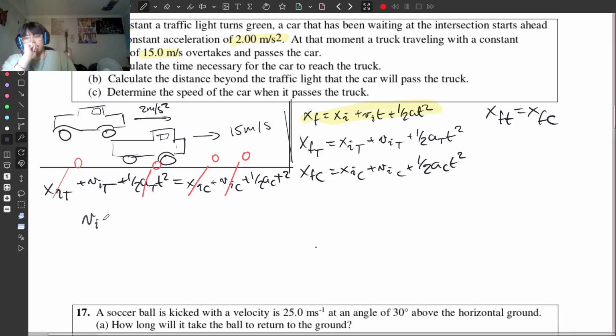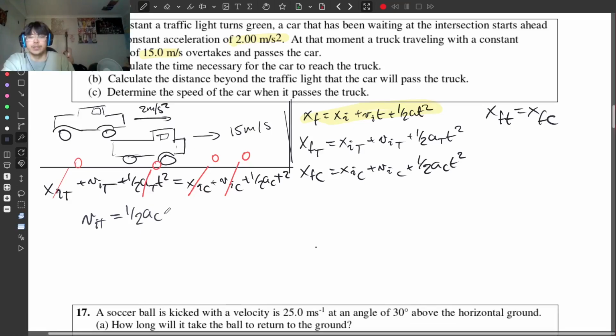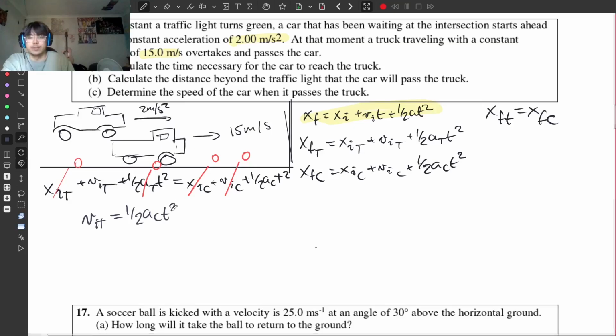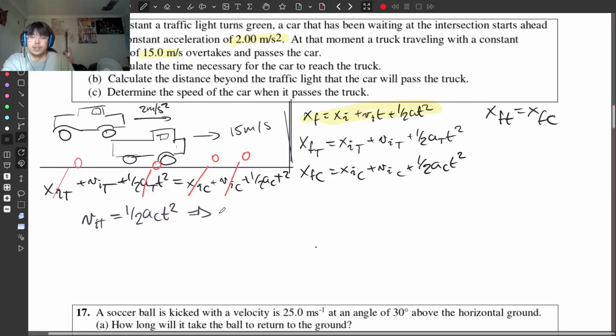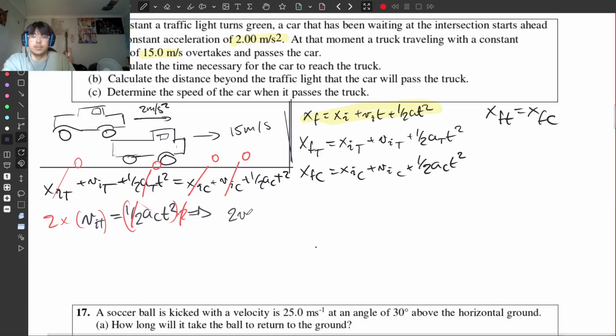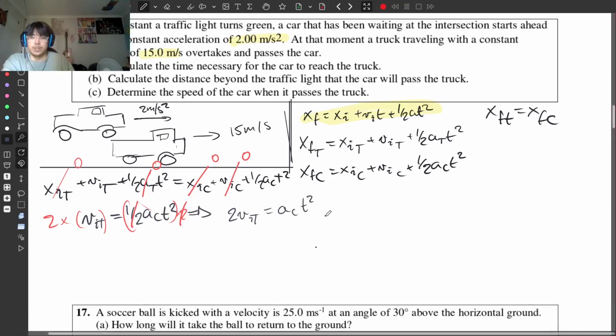Now we get vi of the truck times t equals 1/2 a of the car times t squared. So now we solve for t here. That means that we multiply both sides by 2. So 2 times this, and then 2 times this cancels with that. And then what you're left with is 2vi of the truck equals the acceleration of the car times t squared.